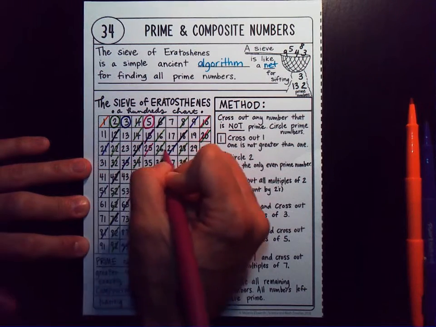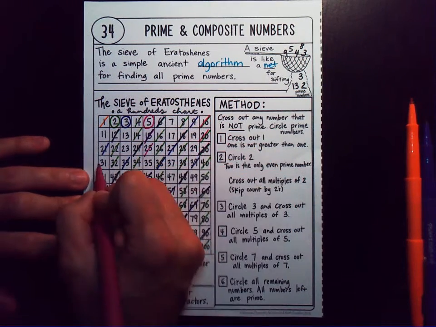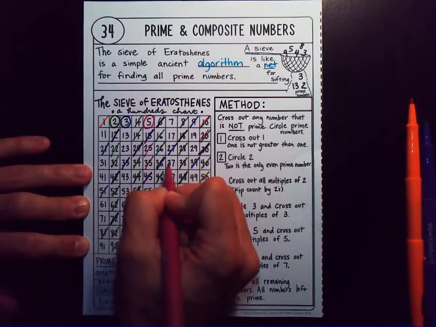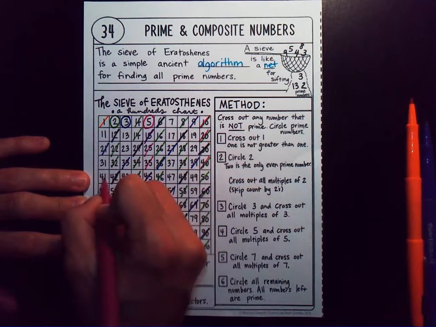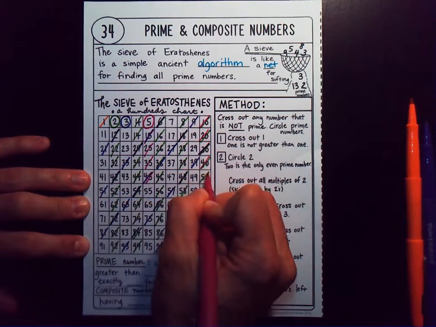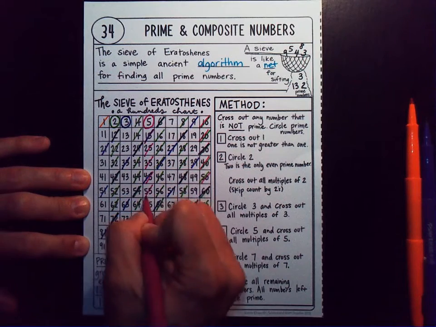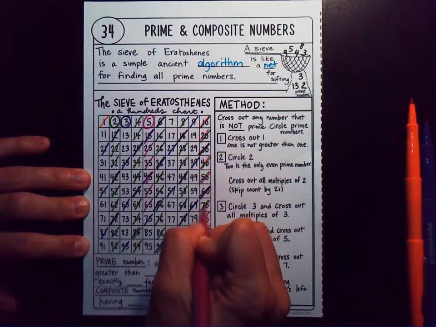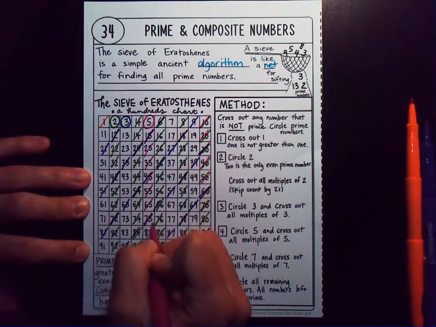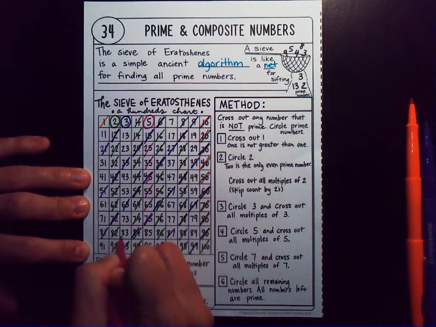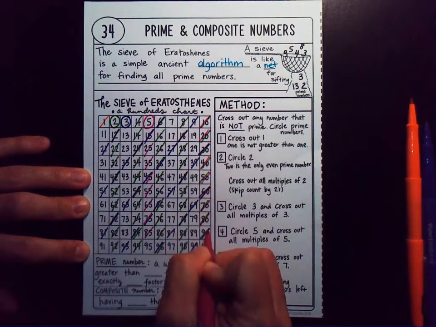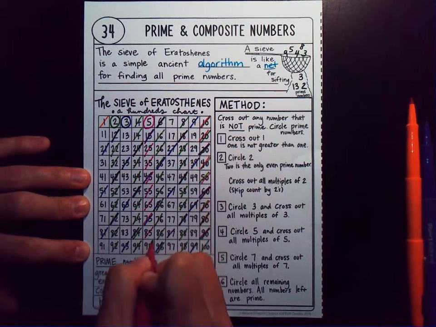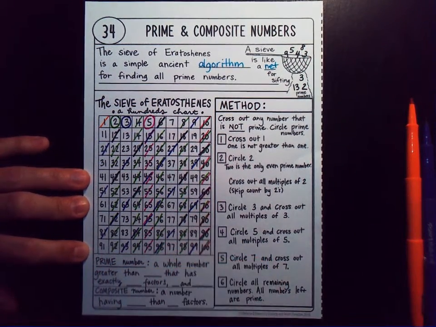I know all of my multiples of 5 are going to end in either 5 or 0, so I can just go straight through my hundredths chart, crossing off anything that has a 5 or a 0 in the ones place, and I am eliminating quite a few more numbers.